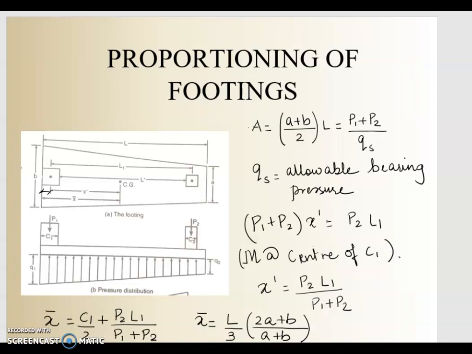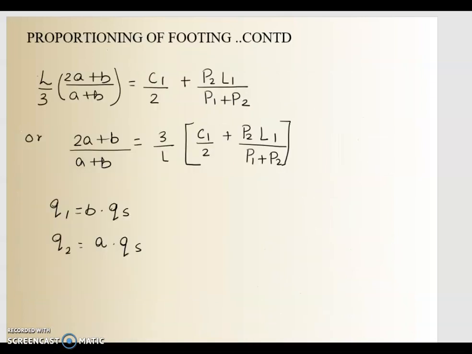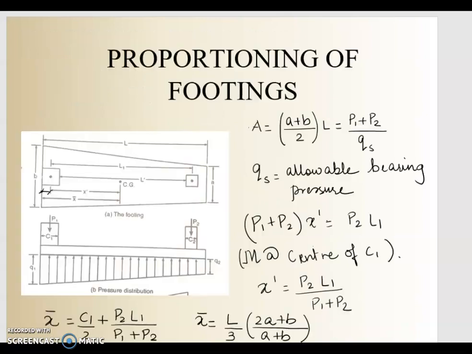Now for a rectangular combined footing, the value of X bar will be L by 2. If A is 0, this is a very theoretical thing which will never happen, but in the book it is given, so I will explain.